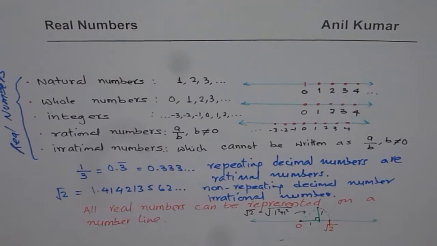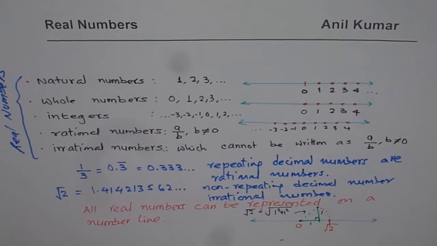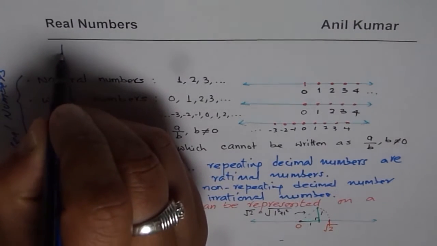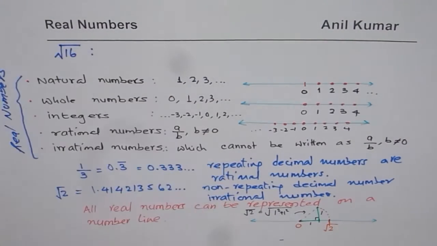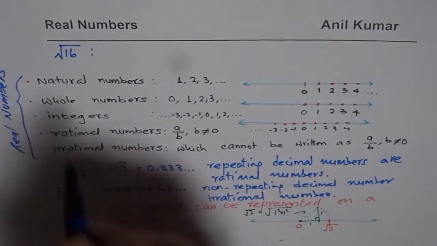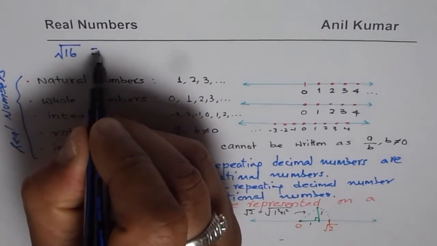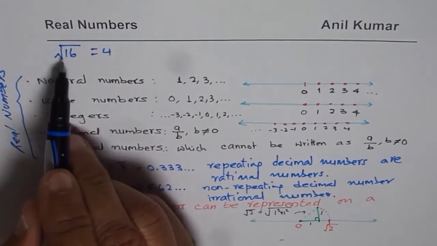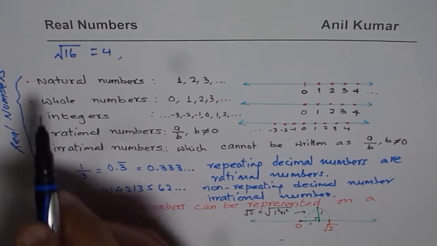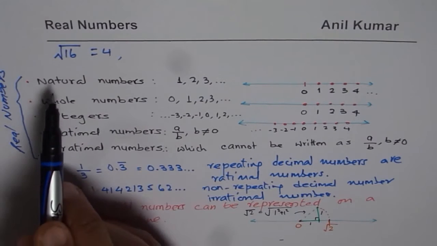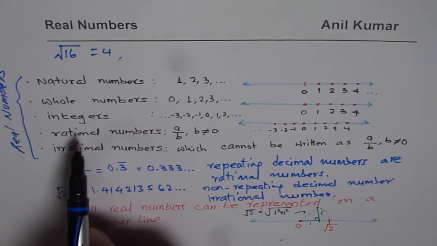Now as an exercise, if I write a number, for example, square root of 16. Now square root of 16 is what kind of number? We know square root of 16 is equal to 4, right? Since this is a natural number, we could write square root of 16 as natural number, whole number, integer, rational number.